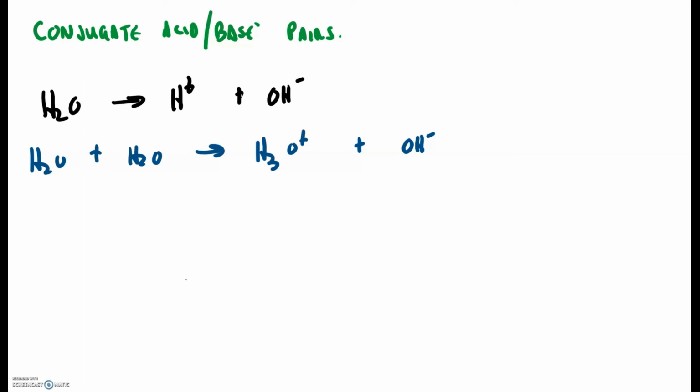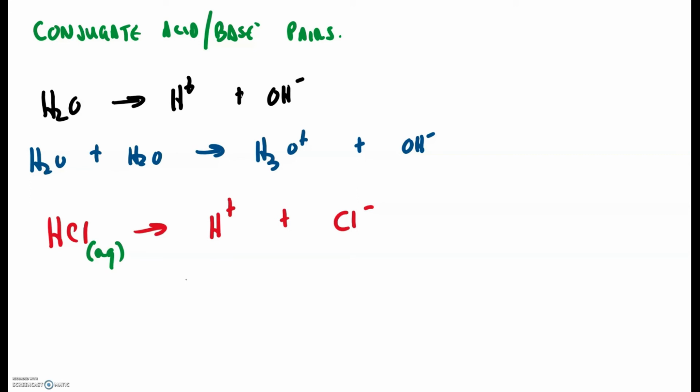By the same token, we could write that an acid in solution would dissociate into H plus and the remaining ion. But what we're not considering is that this has to take place in an aqueous setting. In other words, water has to be involved.